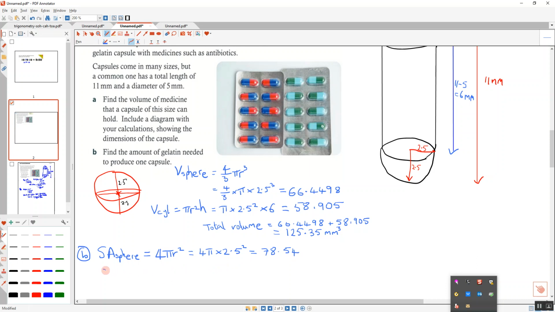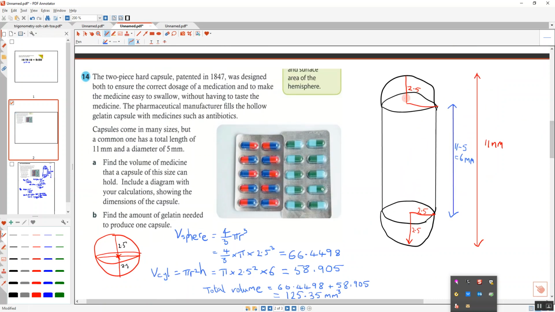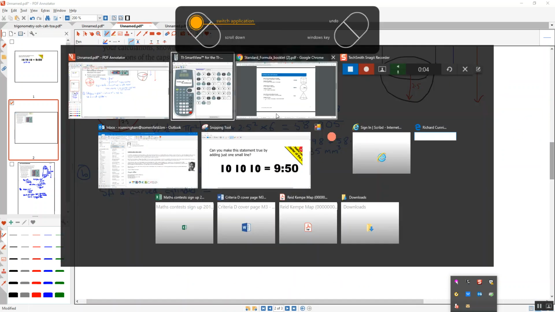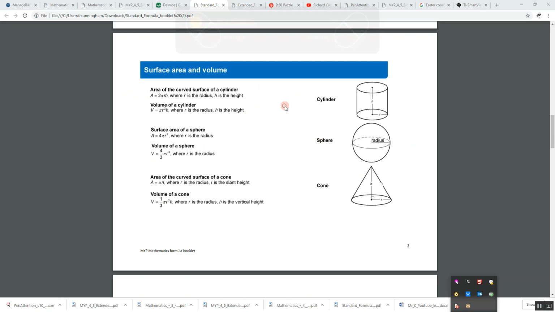And then the surface area of the curved part of the cylinder. Remember, I am not interested in this bit. This is not included in the surface area, as well as this part. They are not needed in the cylinder. All I need is the curved part of the cylinder. Going back to my formula sheet, area of the curved surface of a cylinder, 2 pi r h.